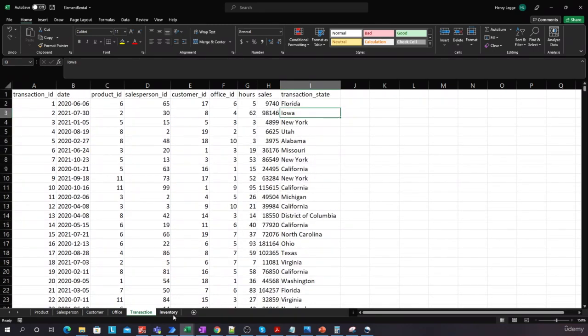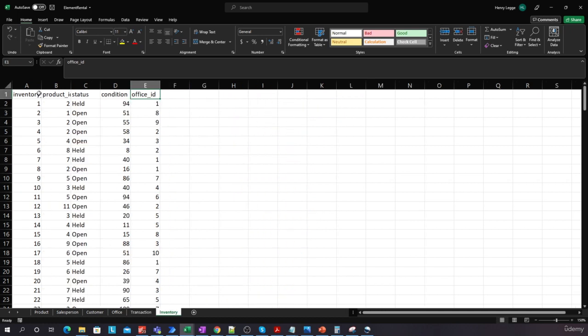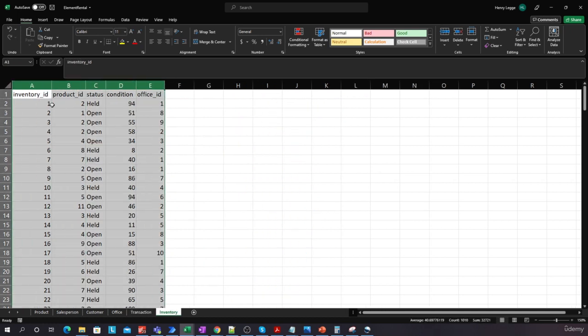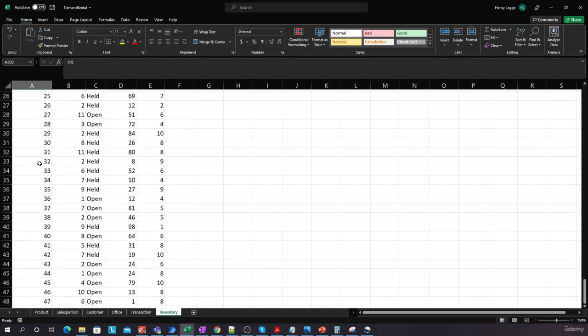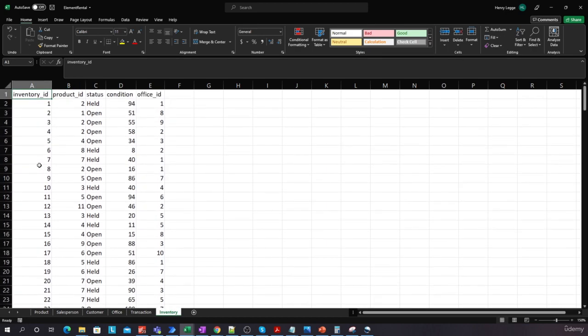And perfect. The last thing we have is the inventory. It looks like we have about 200 pieces of inventory, tagged from 1 to 200, and each piece tells us the product ID, the status of it, so whether it's held by someone or open to be sold, the condition it's in, which is a number between 0 and 100, 100 being high condition and 0 being low condition, and the office that it's currently in.